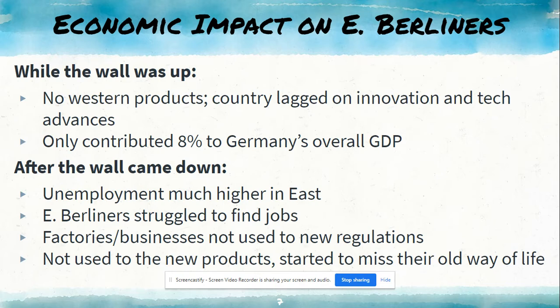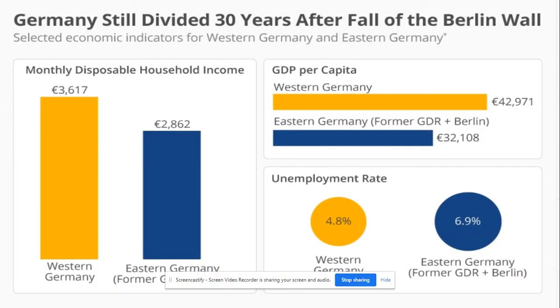And they were not used to the new products. So they started to miss their old way of life. Remember that in their old way of life, the government controlled the economy. They made sure they were responsible for the distribution of products. And that was no longer the case after the wall came down. After the wall came down, people were responsible for acquiring products.